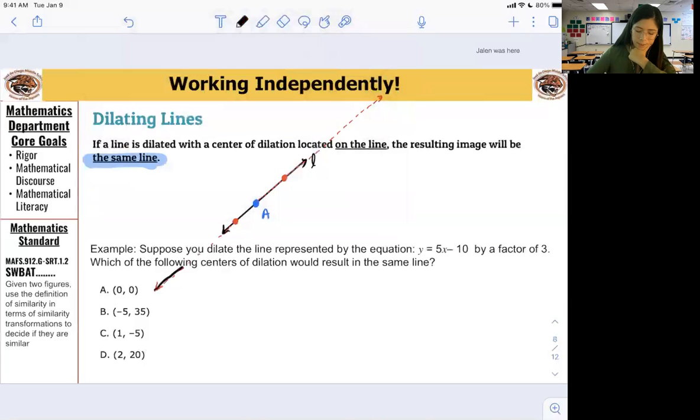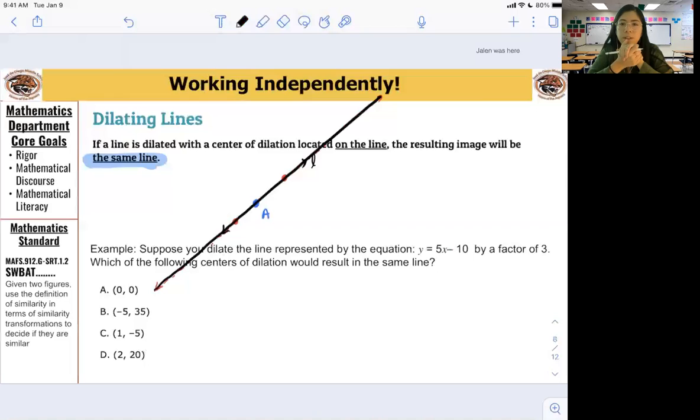You end up with the same exact line. So I just want to make sure we get this in our heads. If the center of dilation is on the line, you're just going to end up with the same line but bigger, basically. But it's not going to cause parallel lines because we just end up in the same place.